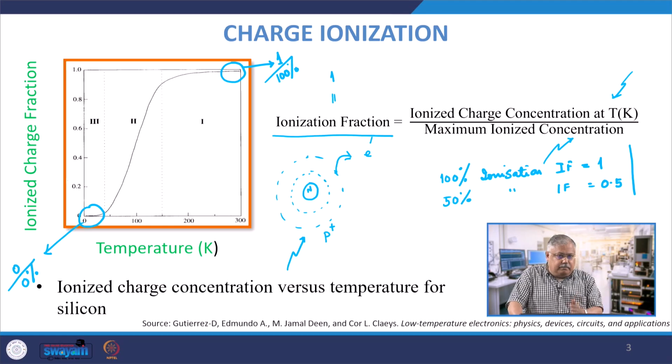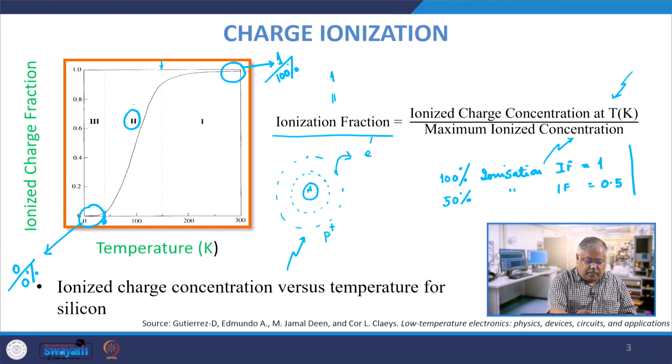Now, somewhere in the middle where the temperature varies, as the temperature starts to go down, region 2 is the point where the ionization fraction drastically comes down, and this happens somewhere between 170 to 180 Kelvin down to about 40 to 50 Kelvin. This is where you see the ionized charge fraction dipping down drastically, and as you can understand, the thermal energies are not enough to promote the outer electron to shift to a free charge space, and that is the reason the ionized charge fraction starts to drop.